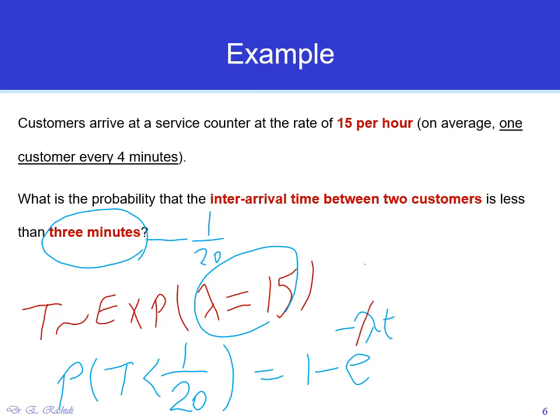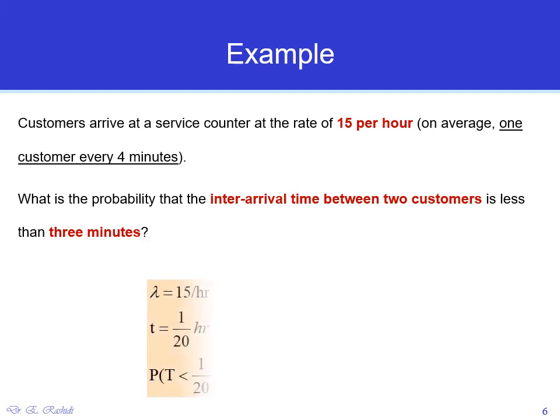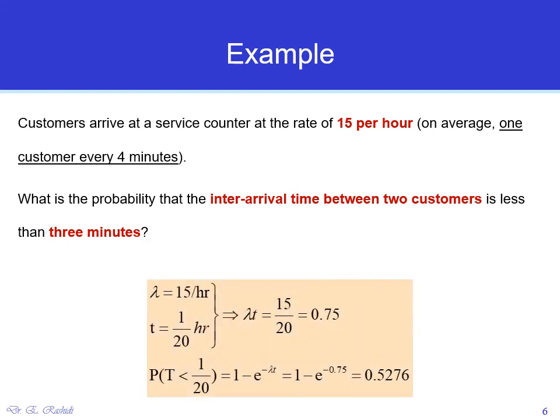Lambda here is 15, and t here is 1/20, which is equal to 1 minus e to the power negative 0.75. So the probability is equal to 0.5276, almost 53%.